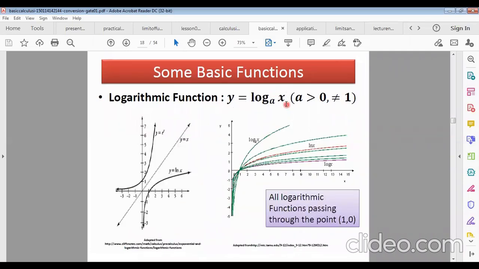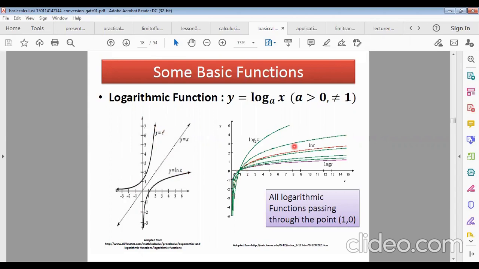Similarly, we can plot the logarithmic function. Suppose y equals log base a of x, where a is greater than 0 and not equal to 1. Remember it. So similarly, we can plot this for x greater than 0, and x less than 0. That means the y equals e to the power x curve and the y equals ln x curve.